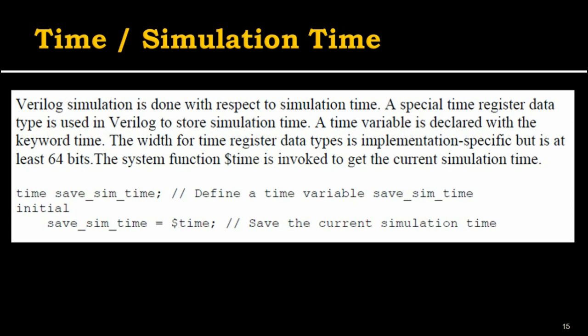Initial, then that identifier equals $time. So $time is used to store the simulation time in the variable save_sim_time. So this way we can find the simulation time of our Verilog program.